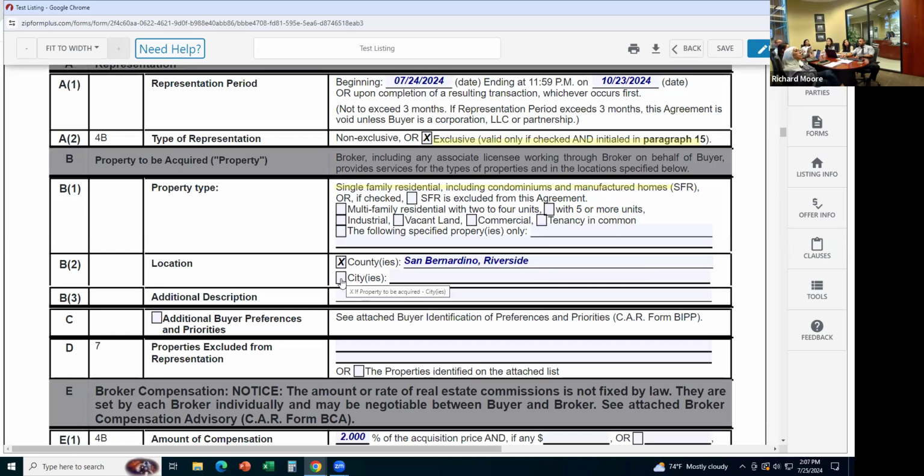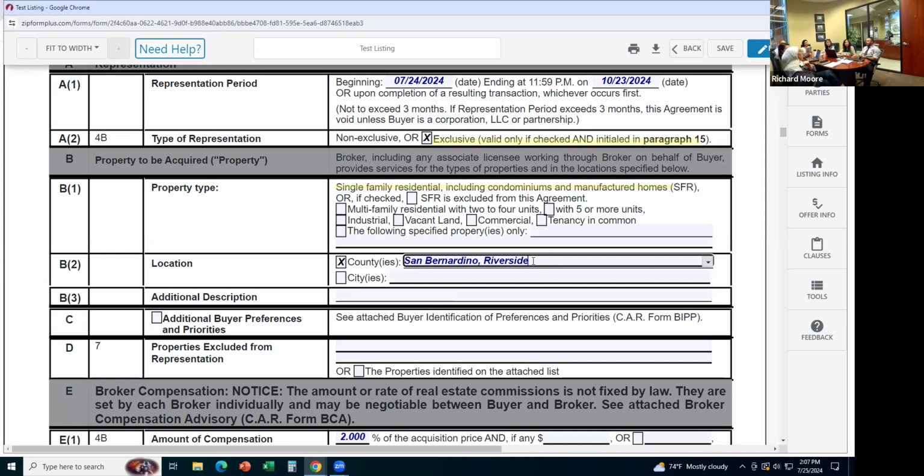You have to write something, because these are the options it's giving you. How likely is it that you'll have a buyer looking in San Francisco and San Diego? It's usually going to be in one county.